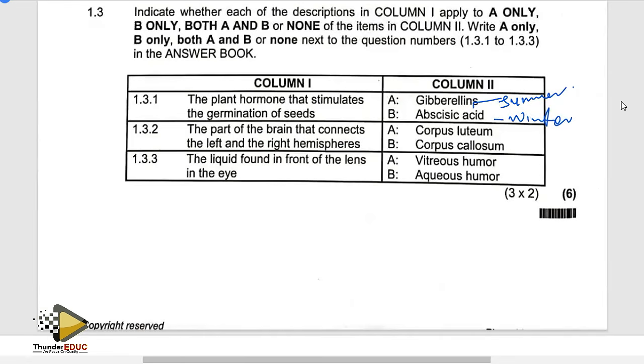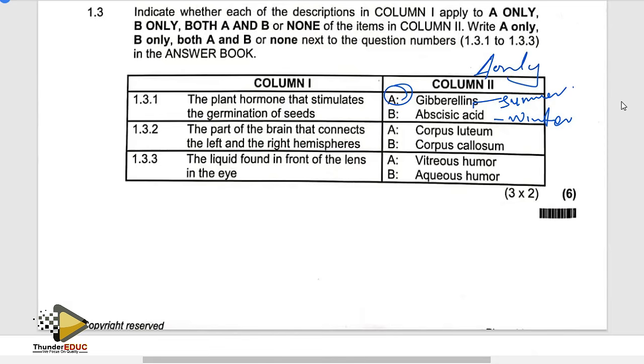So gibberellin works in summer. Whenever you talk about summer things, that's where germination occurs, where the plants are developing again. So that is gibberellin. So the answer becomes A only. Don't forget that the word only must be there.